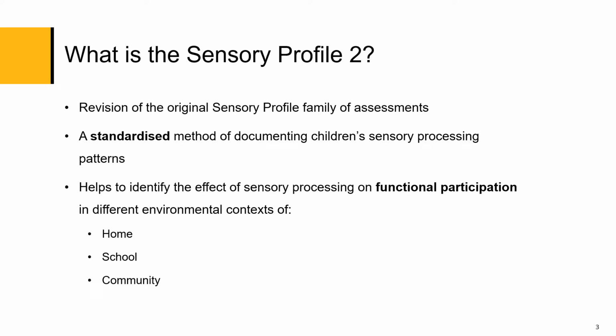What is the Sensory Profile 2? Sensory Profile 2 is a revision of the original Sensory Profile family of assessments. It is a standardized method of documenting children's sensory processing patterns. It helps to identify the effect of sensory processing on functional participation in different environmental contexts of home, school, and community.